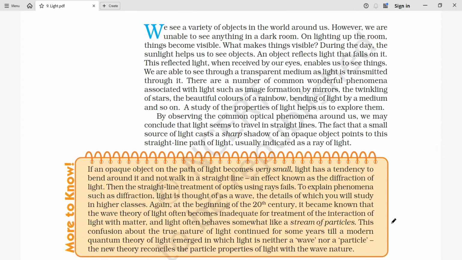It is not going to travel in a straight line, it will bend. That effect is known as the diffraction of light. Later we'll talk in more detail about reflection. So here light is being diffracted. To understand the phenomenon, some story is given here about how they have worked on this.